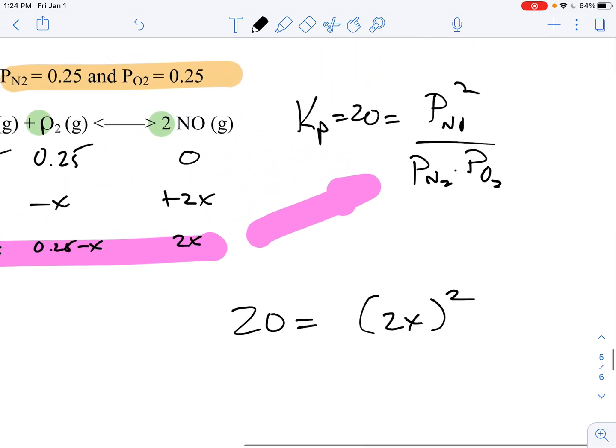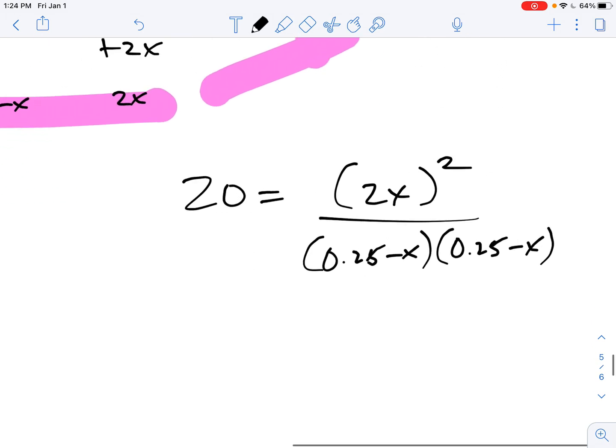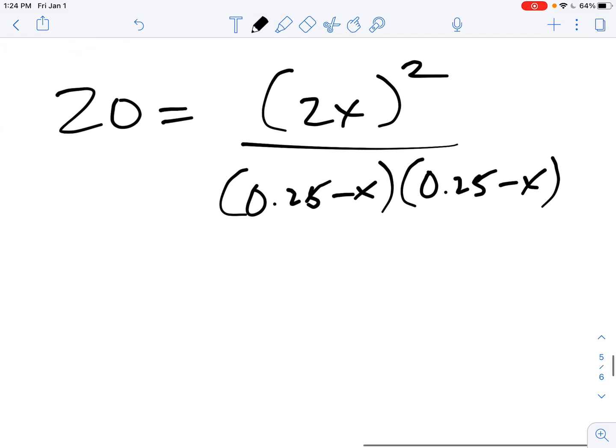Those are not the same thing. So this is (2x) quantity squared because it's the 2x that goes in here. And then down below, this is going to be (0.25 minus x) squared because it's 0.25 minus x and 0.25 minus x.